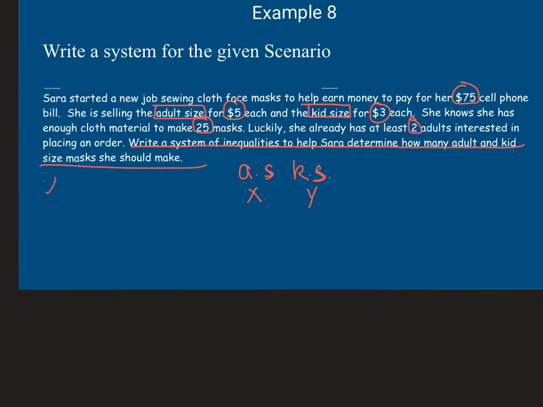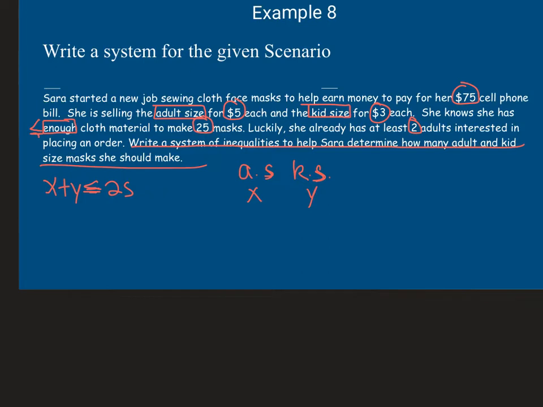That means I must have X plus Y is less than or equal to 25. Now, the reason I put less than or equal to is because of this word right here, enough. She's saying that she has just enough to make 25. So she can make less than 25 or equal to 25. So that's why we had that, all right?